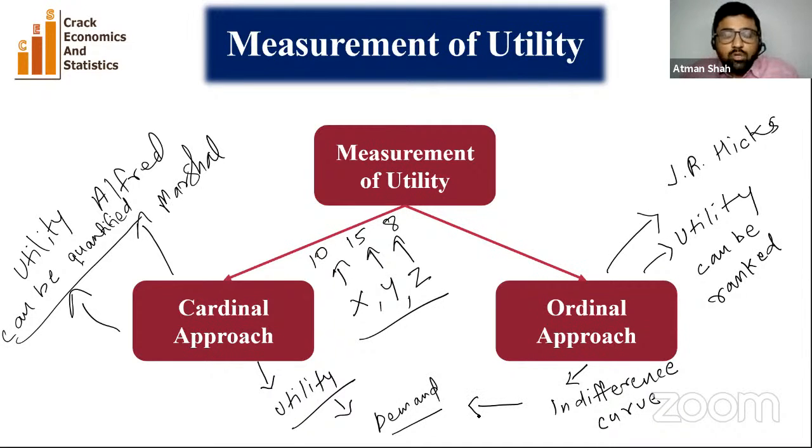So basically, both the approaches are useful to analyze the consumer behavior, consumer demand in the market, how consumer achieves equilibrium in the market. Through the cardinal approach, we use the marginal utility concept. In the ordinal approach, we use the indifference curve approach.